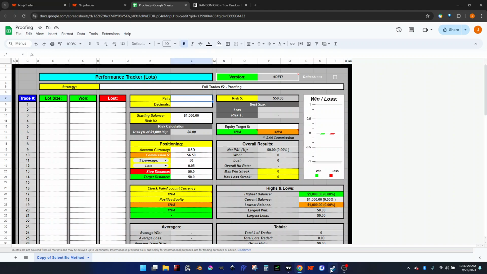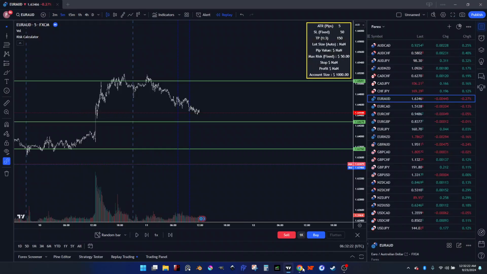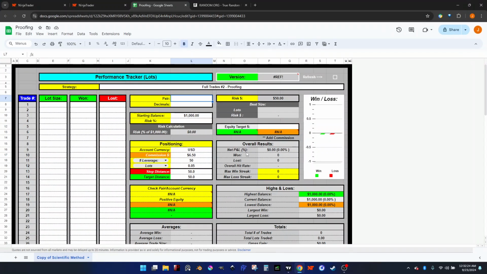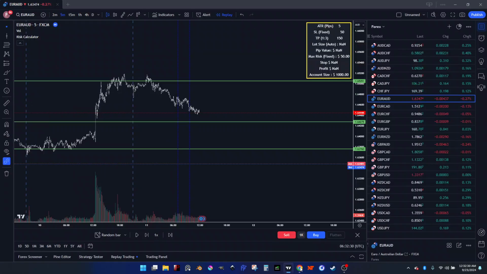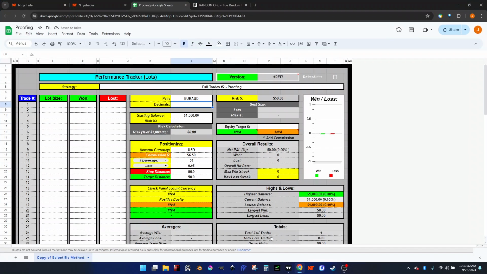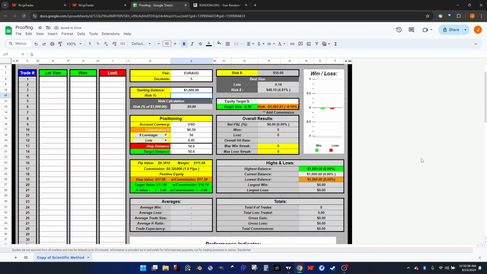Okay, so we are on Euro AUD. That is a 5 decimal pair, which most are, so we are looking at a 0.14, so it was a little bit off.